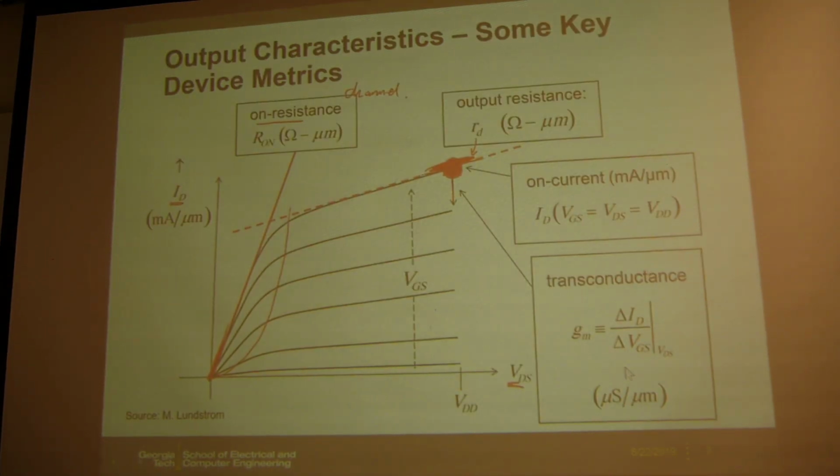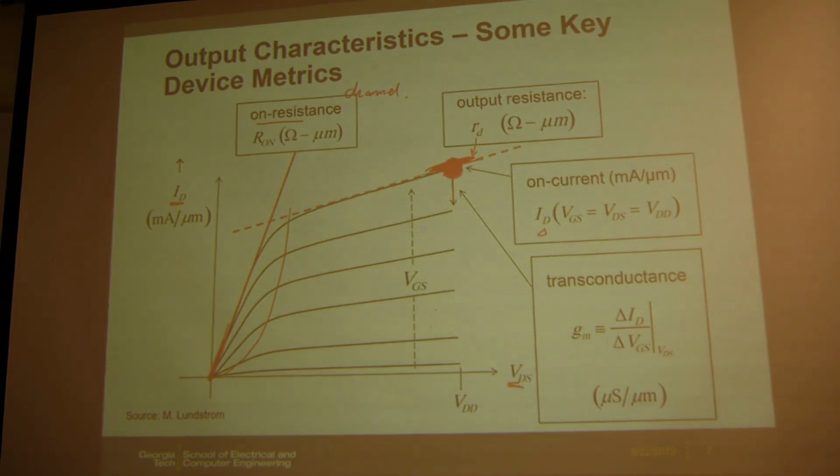And then there are some other concepts, like on-state current, which is defined as when the gate voltage, VGS, equals the drain voltage, VDS, equals VDD. So this is the maximum current you can get out from the transistor. This is defined as on-state current, I on.